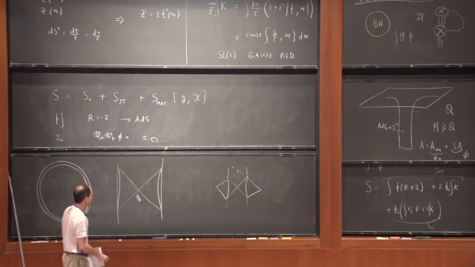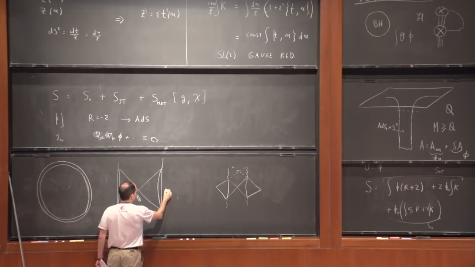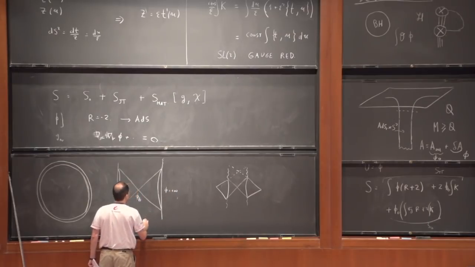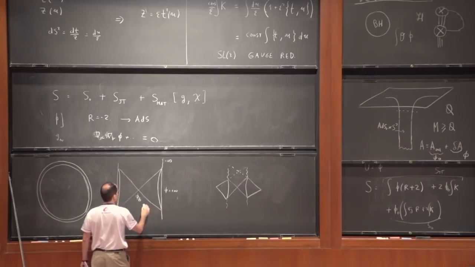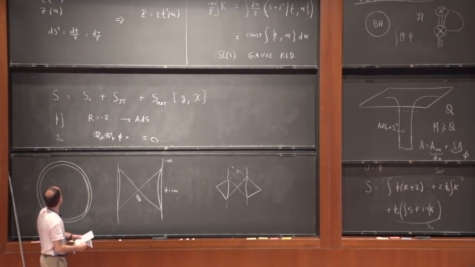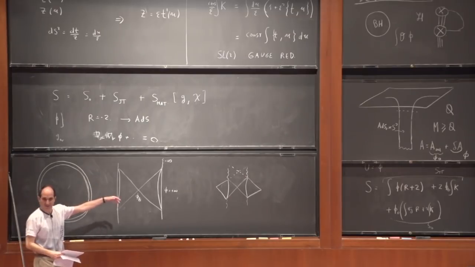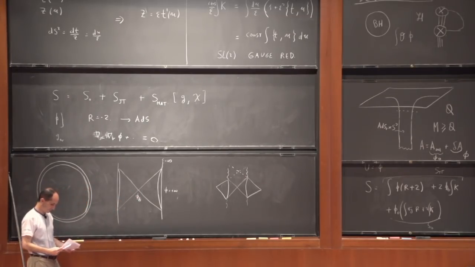So the solution is parameterized by the value of phi at the horizon. Then phi diverges as we go in these directions. Phi becomes equal to plus infinity at this boundary of AdS and minus infinity in these regions. And it has, of course, the boost symmetry around this origin, because any solution has a boost symmetry, and we arrange the origin to be the fixed point of that boost symmetry.